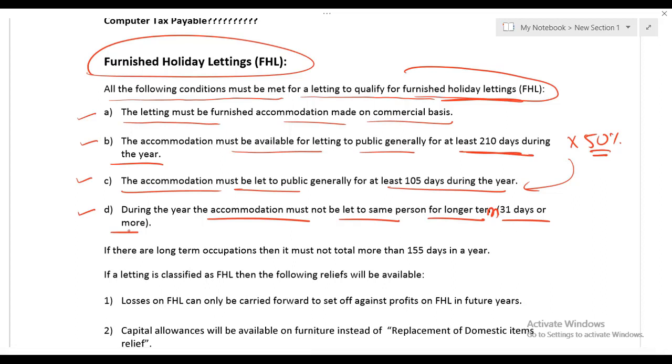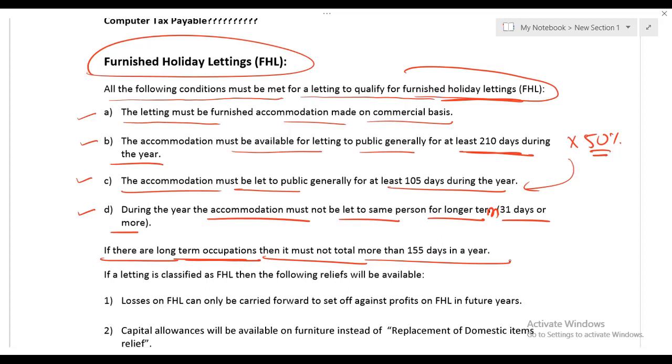Now the question comes, what if I have given the property on a long-term basis? Then if there are long-term occupations, they must not total more than 155 days in a year. Now there is a confusion. First, sir, you are saying we are not supposed to give the property on long-term occupations, which means not giving the same property to one individual for consecutive 31 days or more.